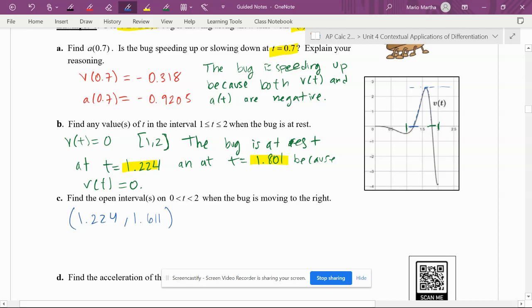This is where we notice that v of t becomes positive, and then the slope of the tangent line is positive. That's why I'm picking that right there. So it's always positive until it reaches that value right there. So this is the interval where both v of t and a of t are positive.